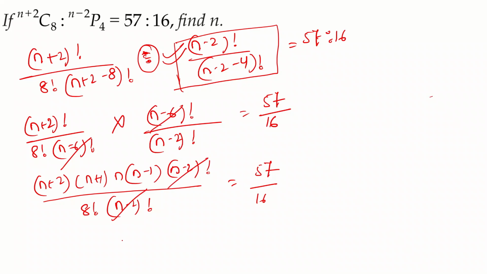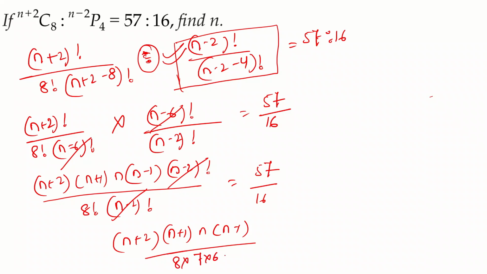And finally what we are left with is (n+2) times (n+1) times (n-1) divided by 8!. 8! is 8 times 7 times 6 times 5 times 4!, which is 24. Equals 57 upon 16. So let's cancel out something. 4 6s are 24, and 4 4s are 16. 4 2s are 8.